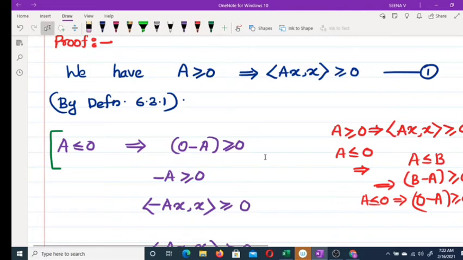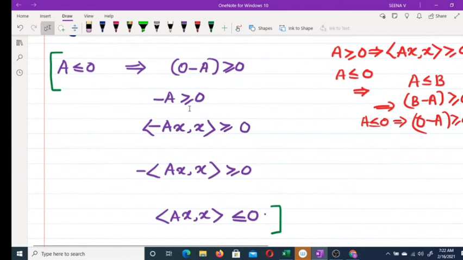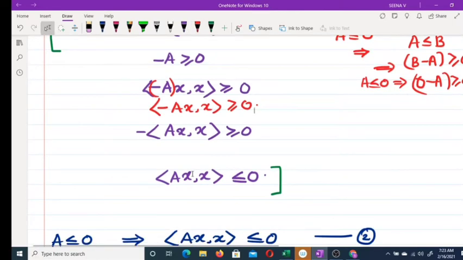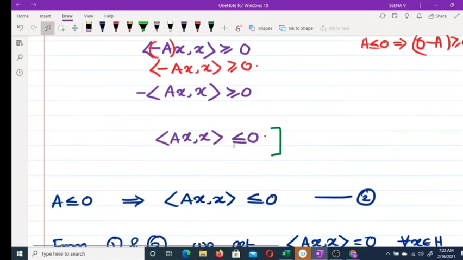So this implies minus A greater than or equal to 0, which means inner product of minus A of x, x greater than or equal to 0. That is minus inner product AXX greater than or equal to 0. That means inner product AXX less than or equal to 0.